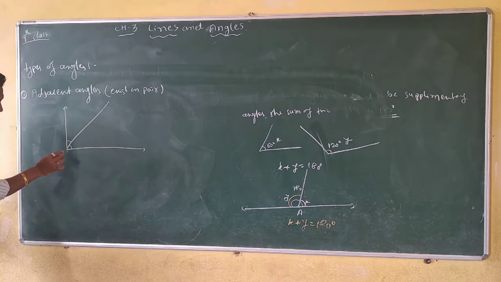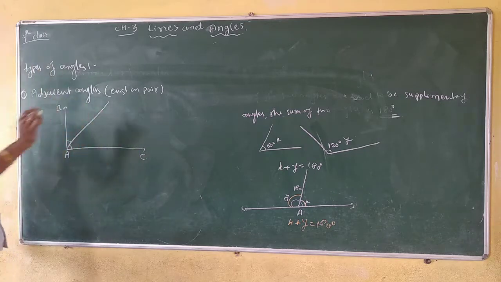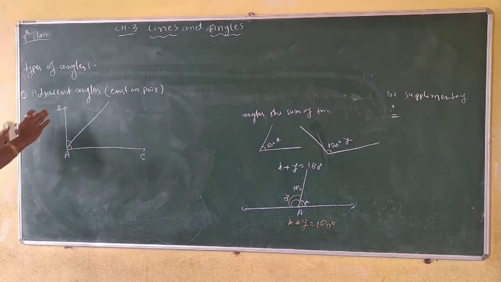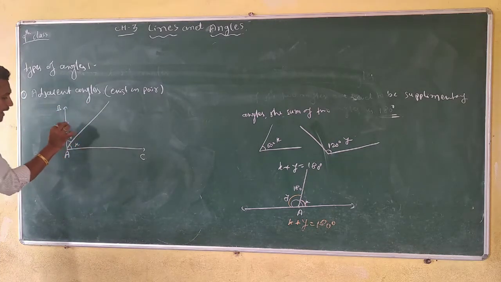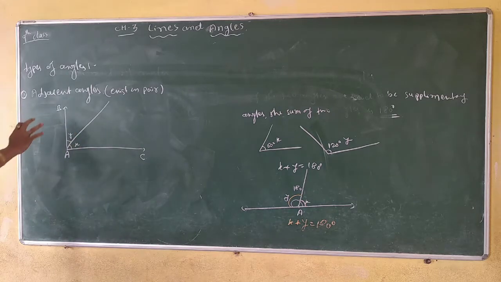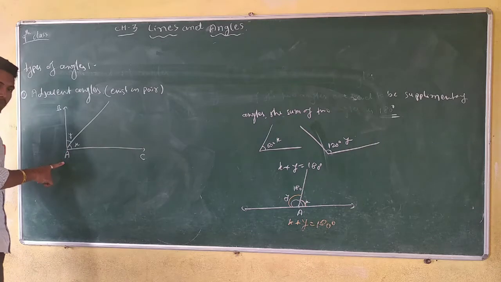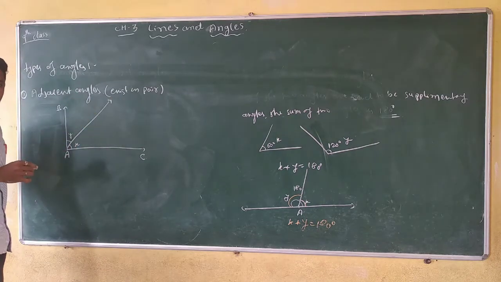First we have to write here, the vertex is A, and these are arms AB and AC. In this adjacent angle, this is angle X and this is angle Y. Adjacent angles have one common vertex and one common arm.